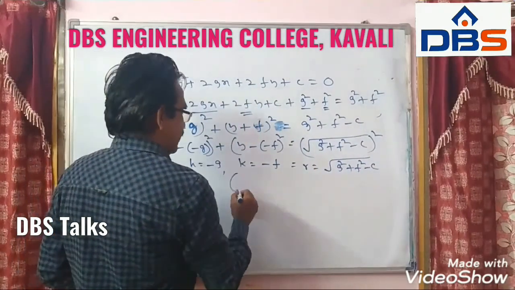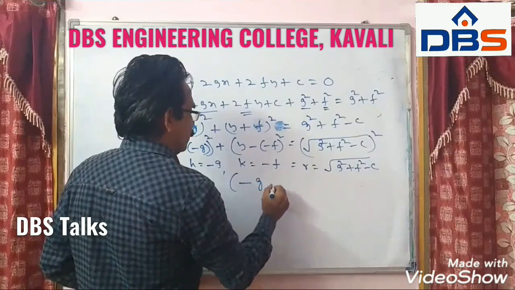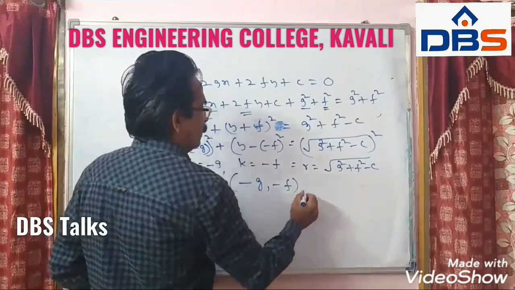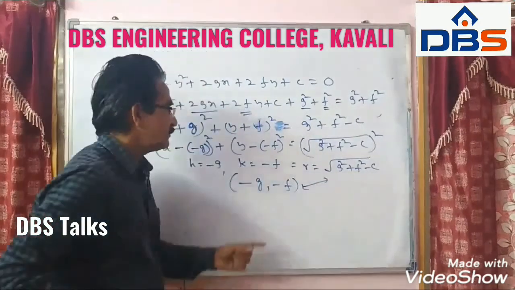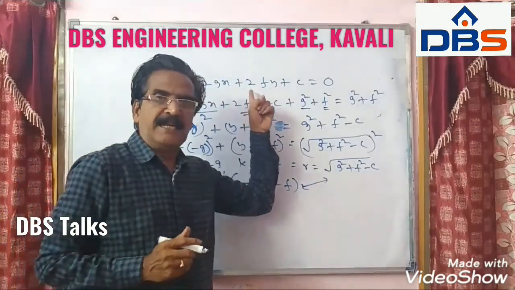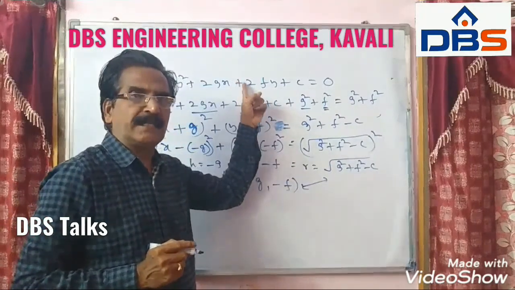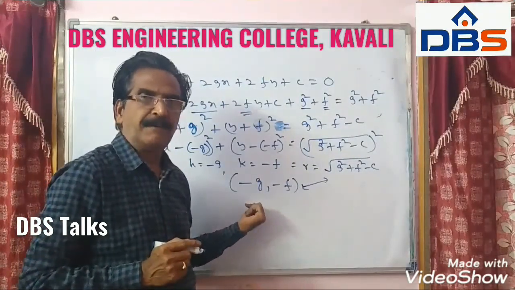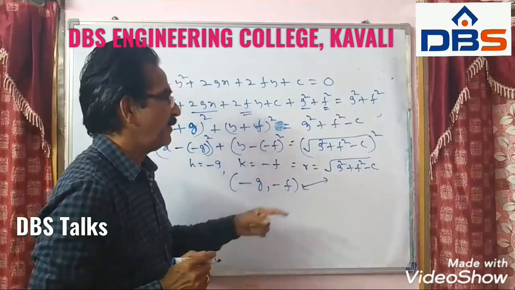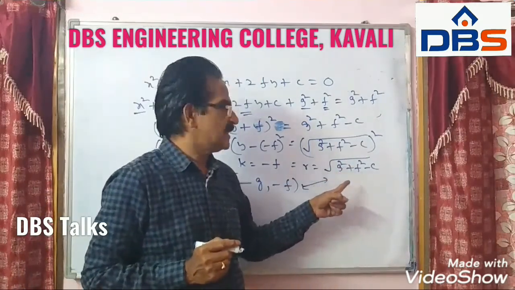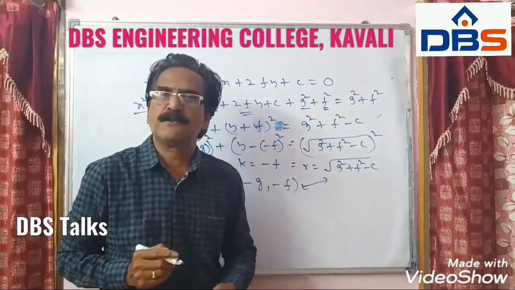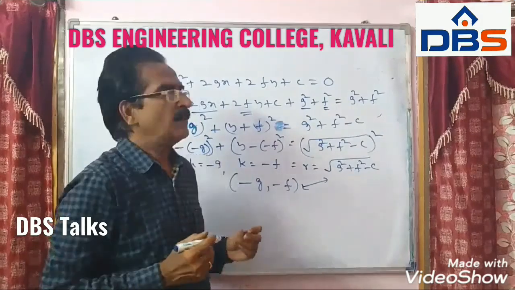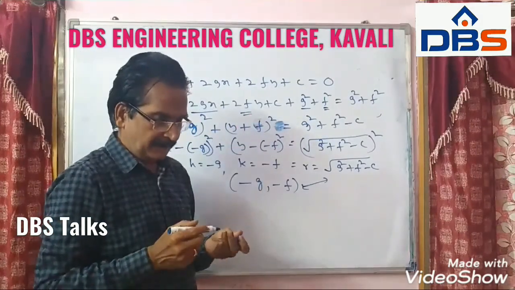Okay friends, see, finally we can conclude that the center of this circle is minus g comma minus f, and radius is root of g square plus f square minus c.